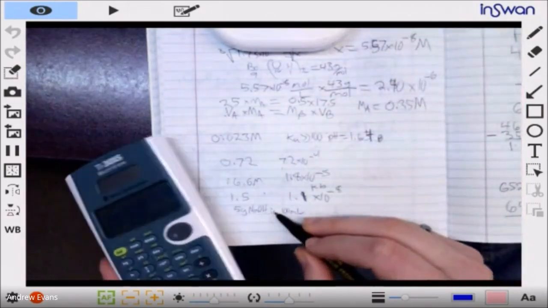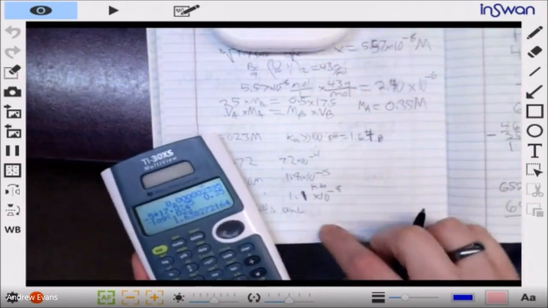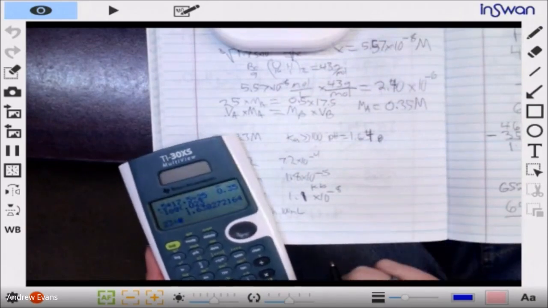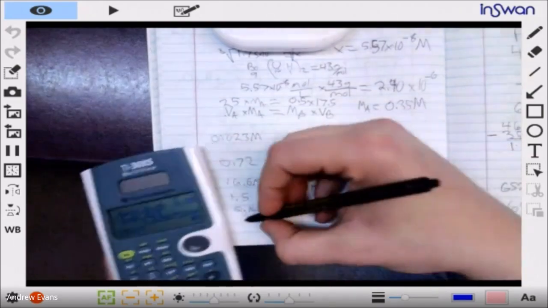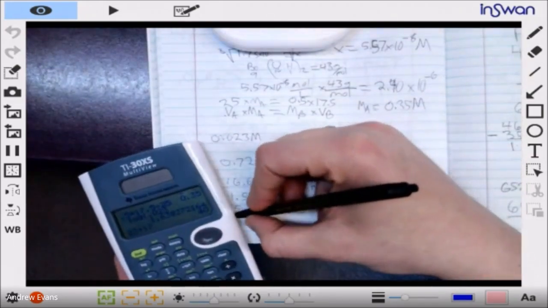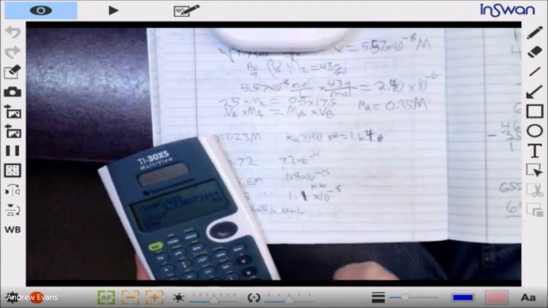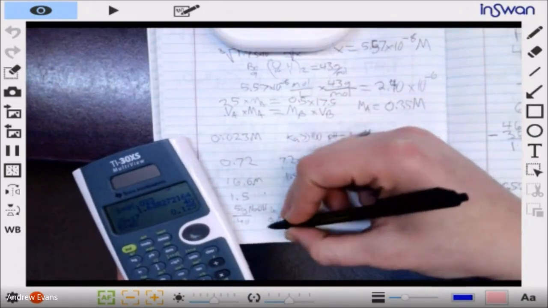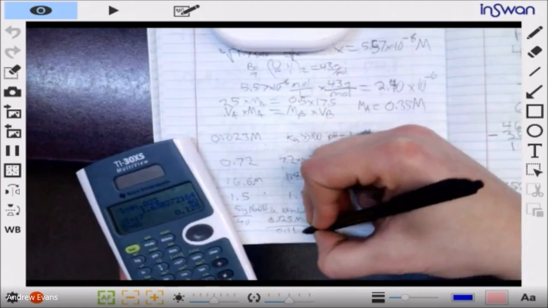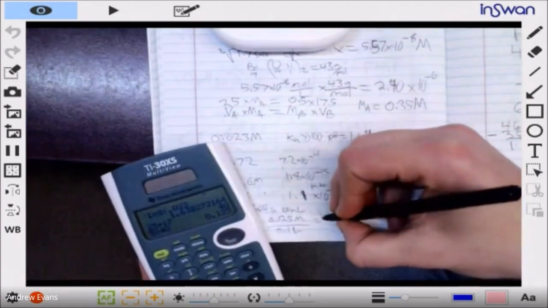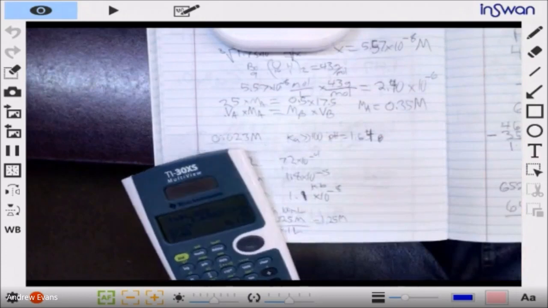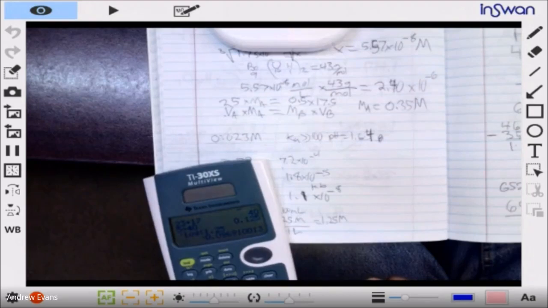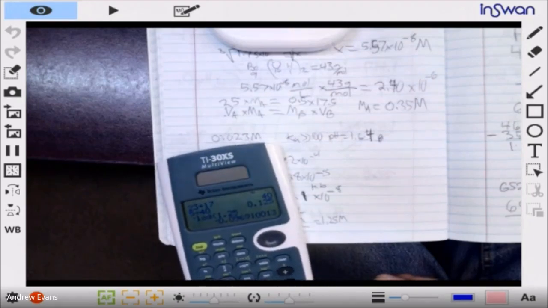For the last one, the 5 grams of sodium hydroxide, you have to turn grams into moles. Sodium is 23, hydroxide is 17, it's 40 grams per mole, so 5 divided by 40 gives 0.125 mol, divided by 0.1 liter makes this 1.25 molar. The negative log of 1.25 is negative 0.09.